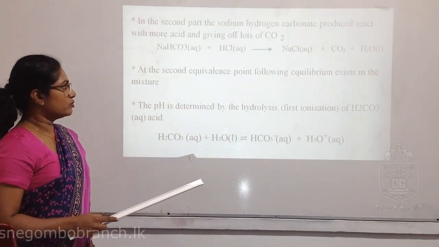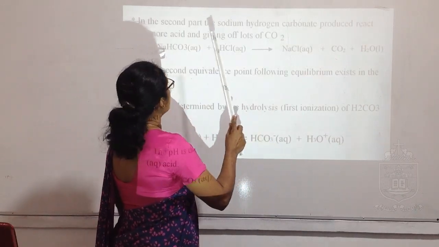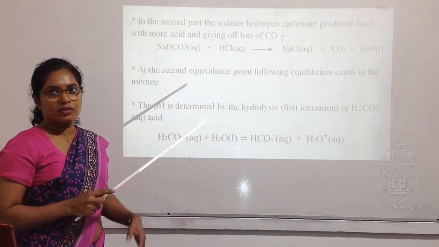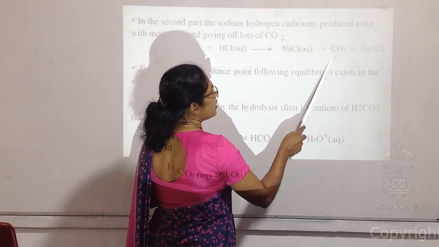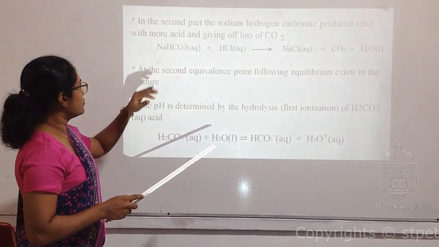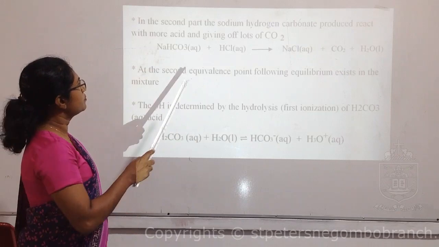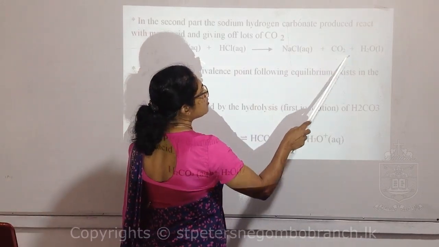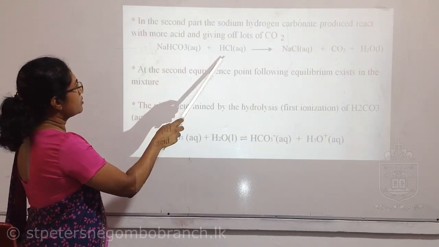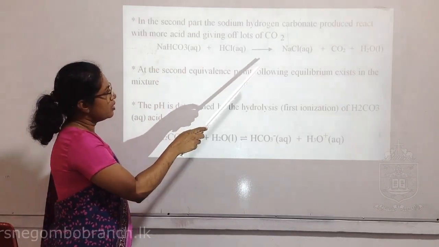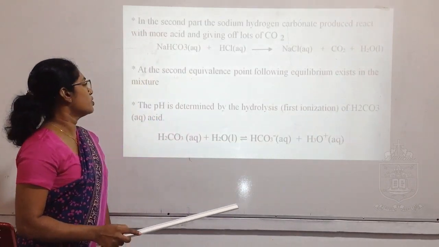Now, I think you can understand that in the first part of the reactions, no carbon dioxide is formed. But in the second part of the reaction, we can find the carbon dioxide.